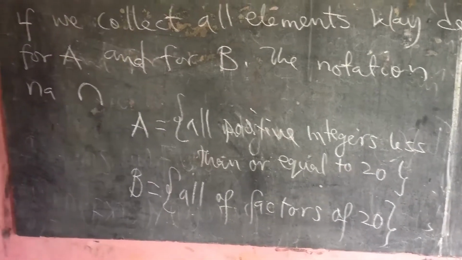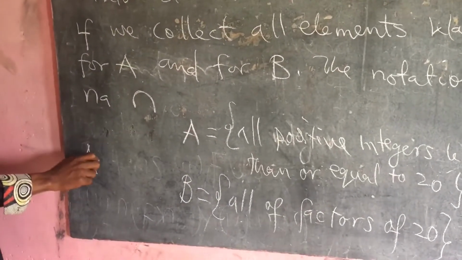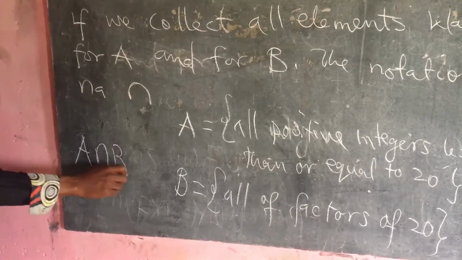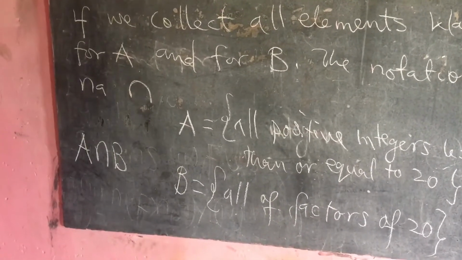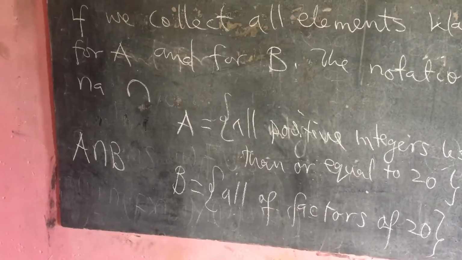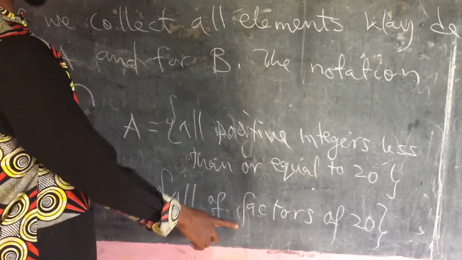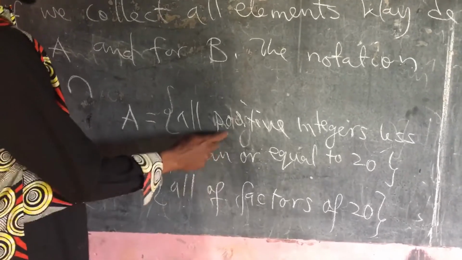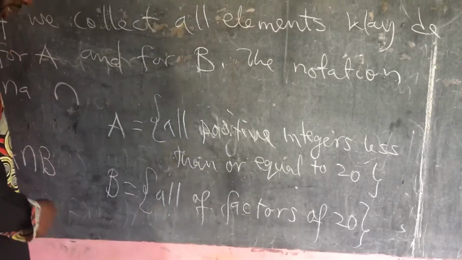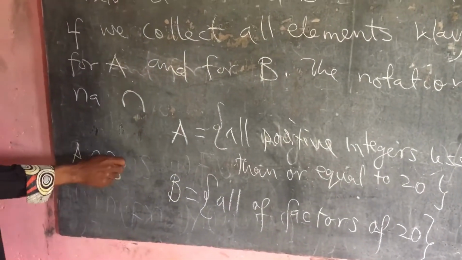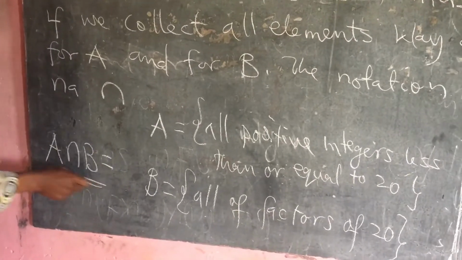Now, if I say make I look for A intersection B like this, then I go get another set wey go give me elements wey common for here and for here. So elements wey common inside the two sets, na im go form elements of this set.